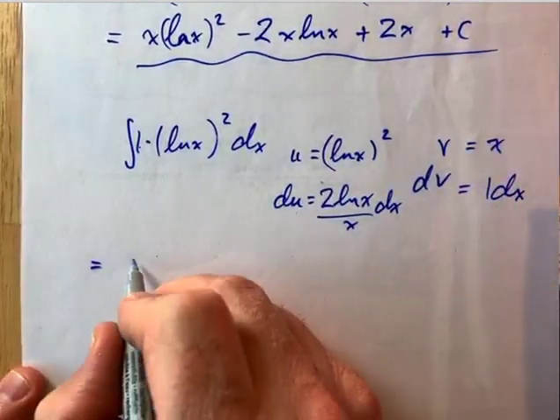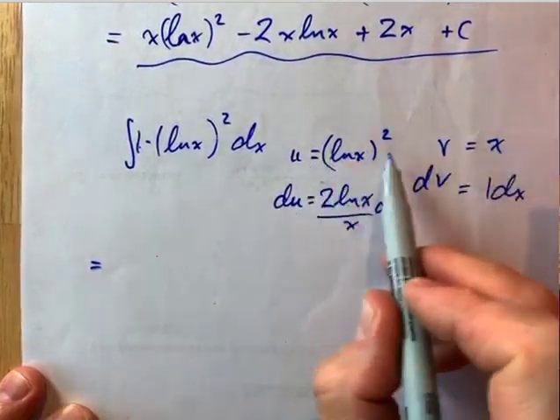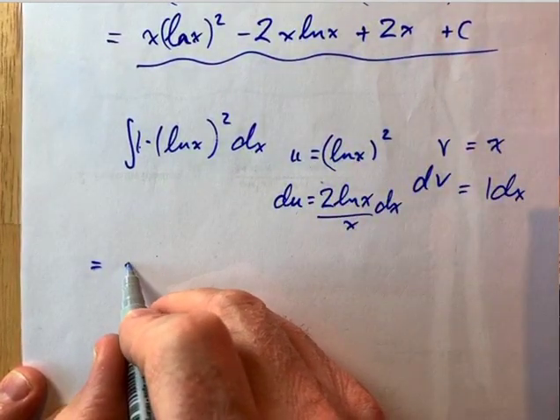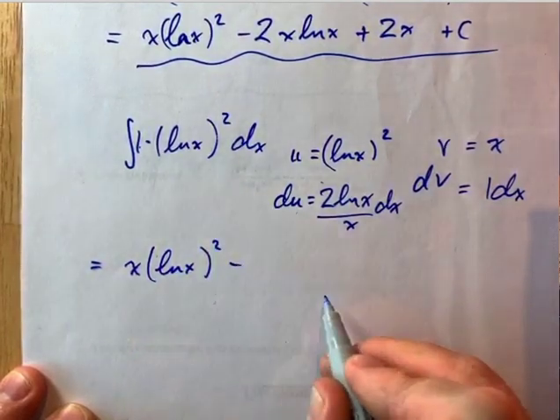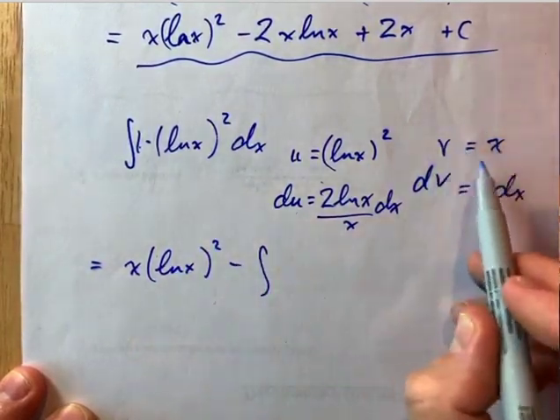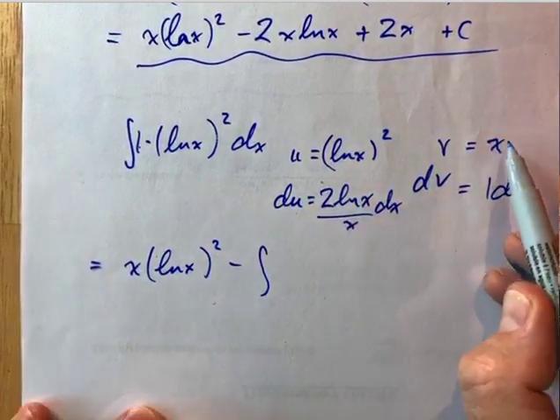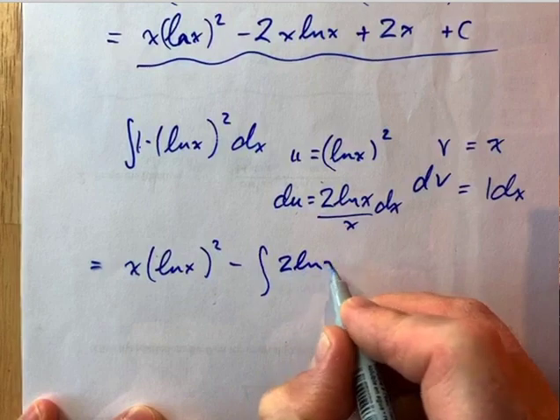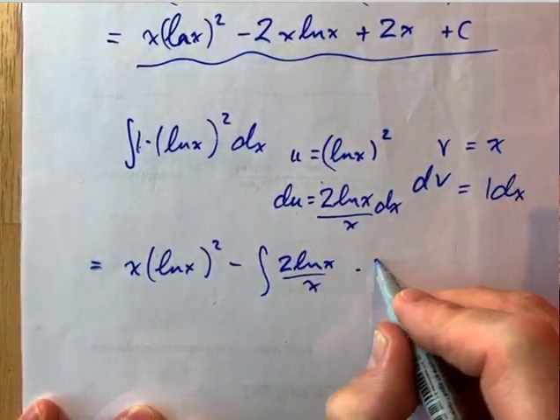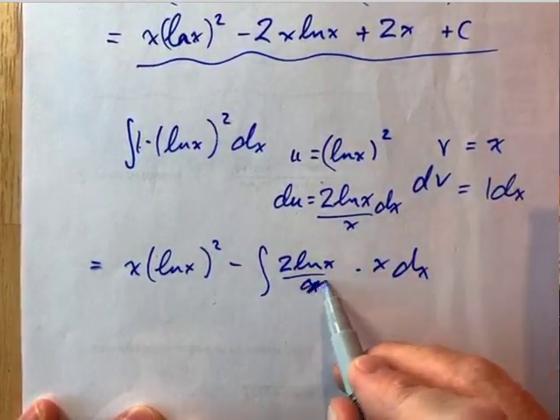Okay, so here we go. Let's do this again. uv, so it's going to be x times ln of x squared, minus the integral of v du. The x's are going to cancel. This becomes 2 ln x over x times x dx. I know those are going to cancel.